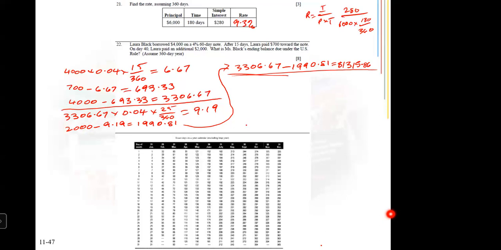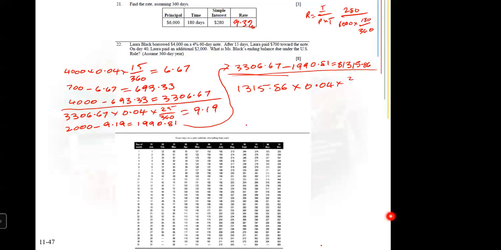So you made no more payments. So you just have to pay it off at the end of the period, the end of the 60 days. So you're going to find the interest due for the last portion, which would be 1,315.86 times the interest is 4%. And you have 20 days left because you already made payment for up to 40 days.